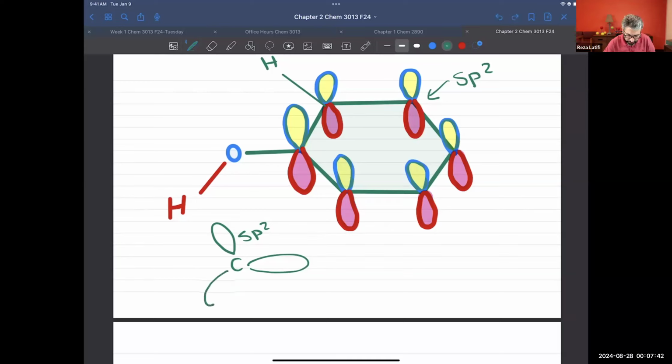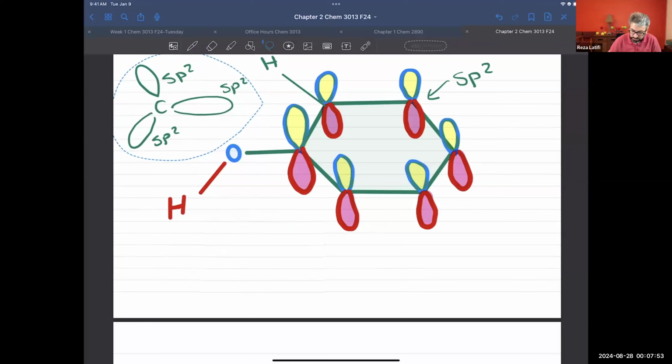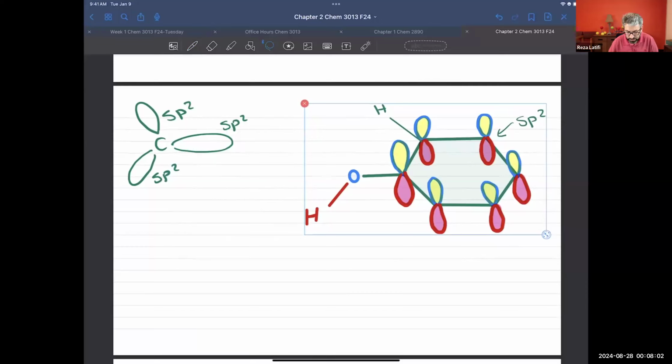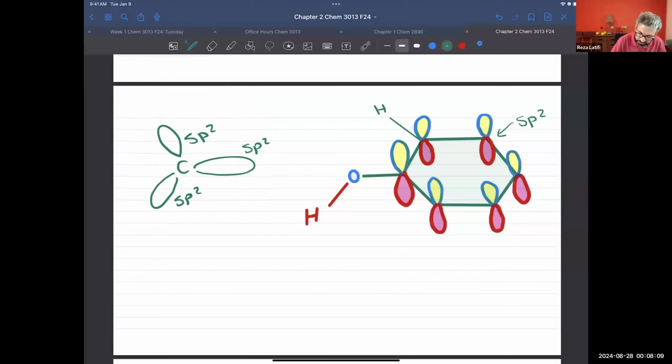So any carbon that we pick has this geometry for the hybrid orbitals. I'm going to move this and shrink its size a bit. And where is our hydrogen? Hydrogen is going to reach carbon through this side.